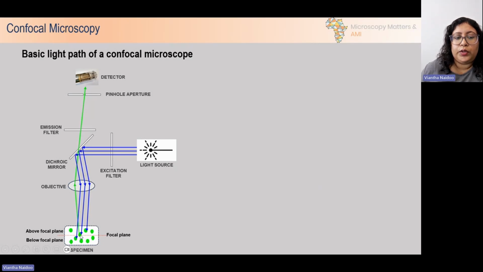So here, the molecule in the focal plane, its light is going through the pinhole to the detector, but the molecule below the focal plane, that light is blocked. The molecule above the focal plane, the light it emits is also blocked. So that results in a much crisper, high contrast image.